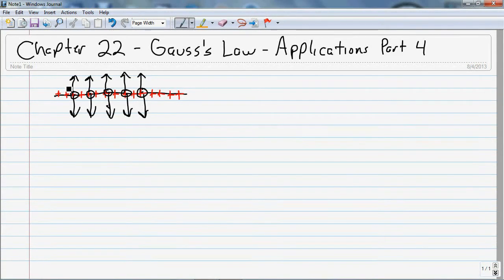And let's draw a Gaussian shell. And I'm going to draw it kind of at an angle here, just so we can see it here. And I should have done this as a dashed line here.